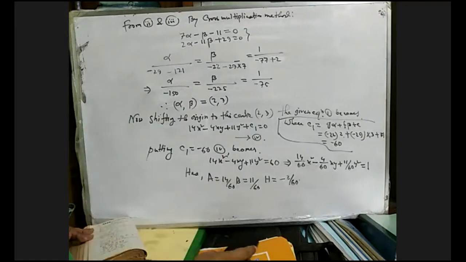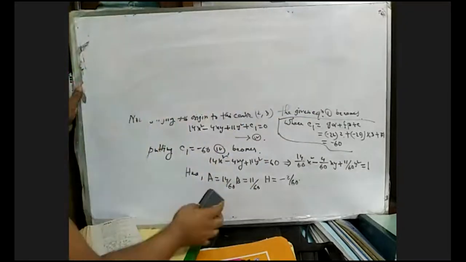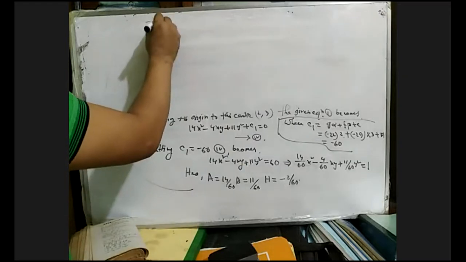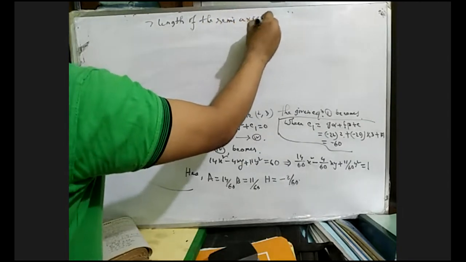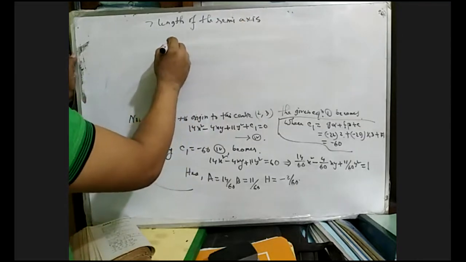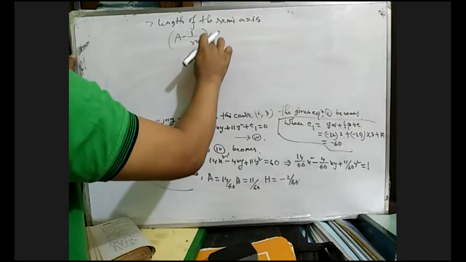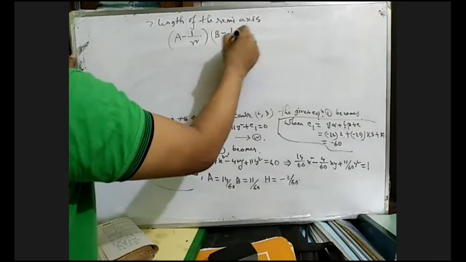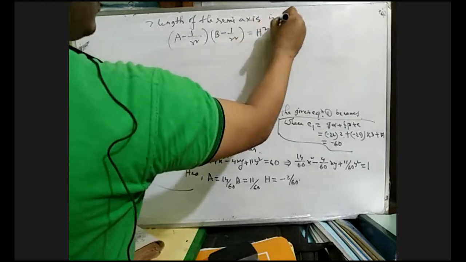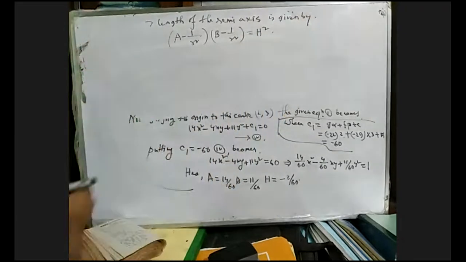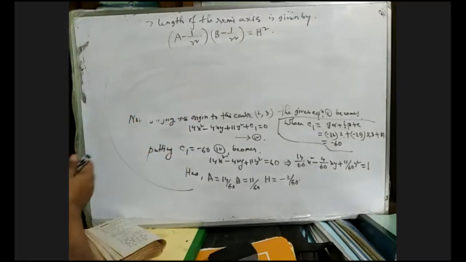Now if we find the length of the semi-axis, the length of the semi-axis is given by the equation (a minus 1 by r square)(b minus 1 by r square) equals h square, right?